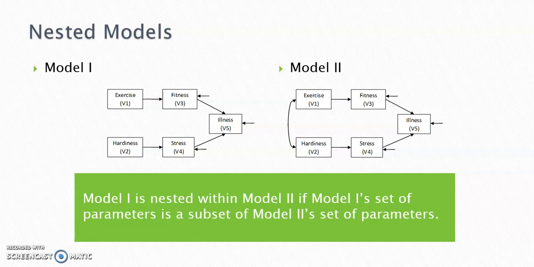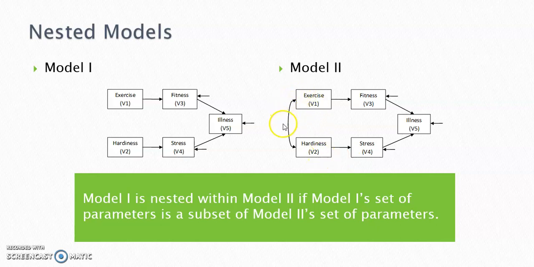When two models are nested, the parameters of one model are a subset of the parameters of the second model. For example, the two models here on this slide, Model 1 and Model 2, share all the variables, and everything you see in Model 1 is part of Model 2.